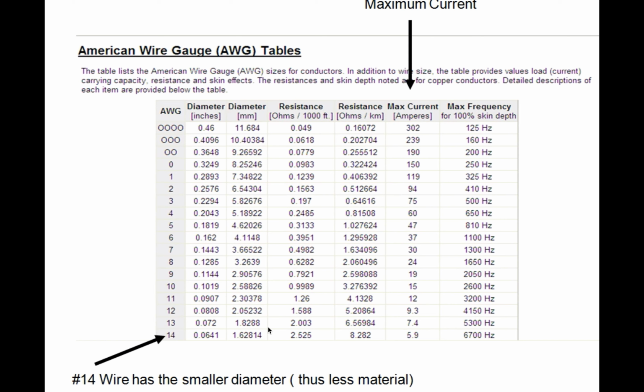Then you go all the way down to number 14, which is only 0.06 inches in diameter. That's the distance across the face of the cable. So it goes from basically half an inch to about 1/20 of an inch, this range of wiring that you see here.